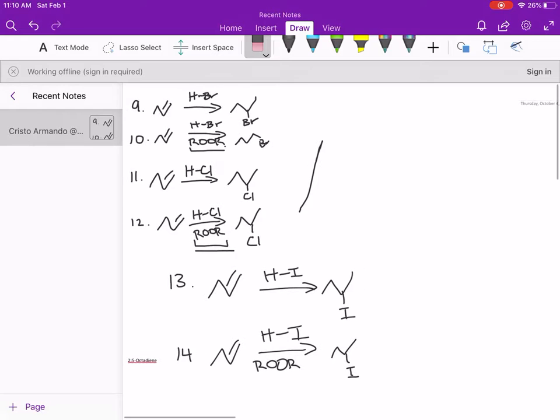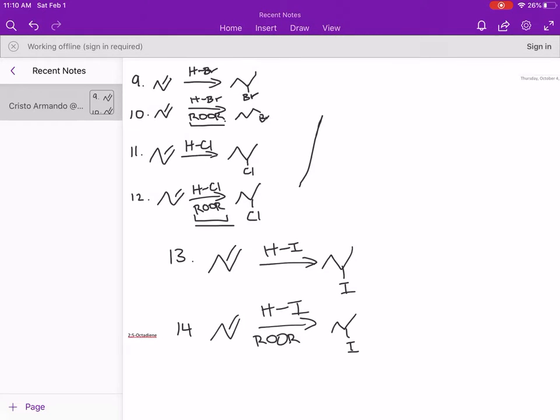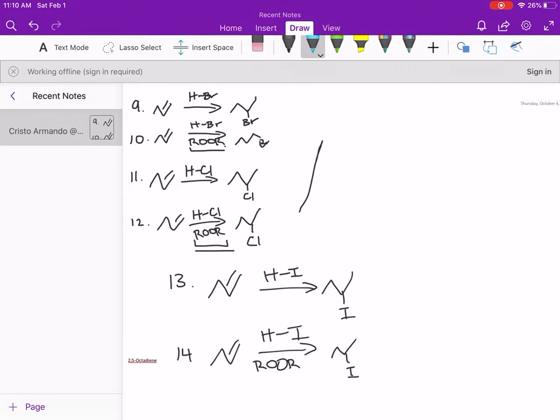So now if we look at all of these reactions together, you can see that only the bromine with the catalyst is going to add in an anti-Markovnikov fashion and undergo a radical mechanism. Right?